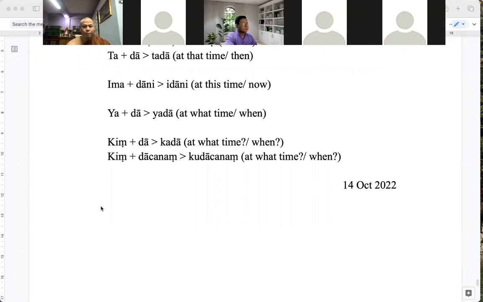So last time we learned the three types of adverbs.